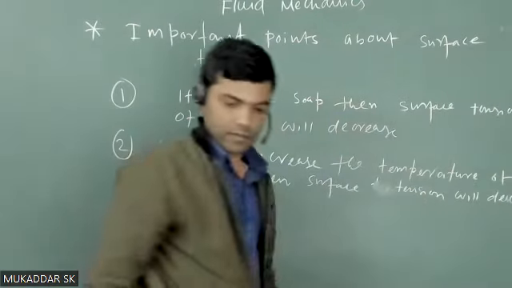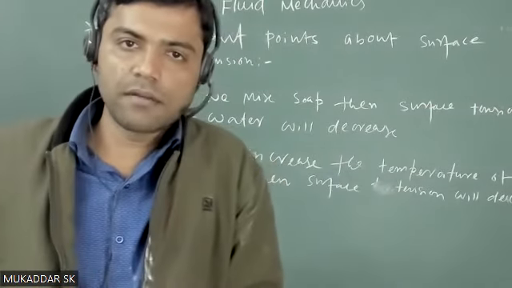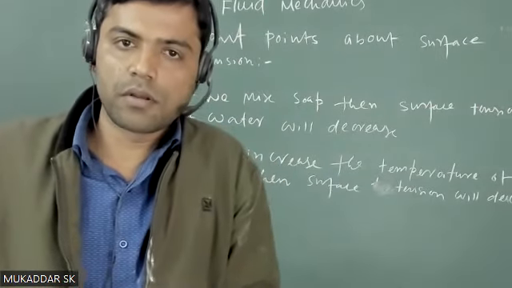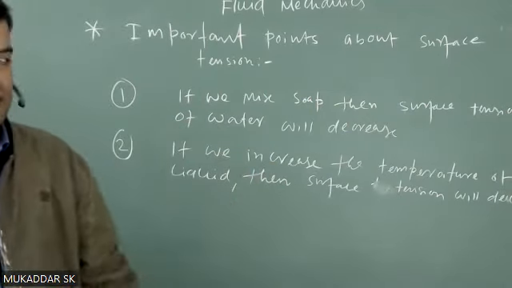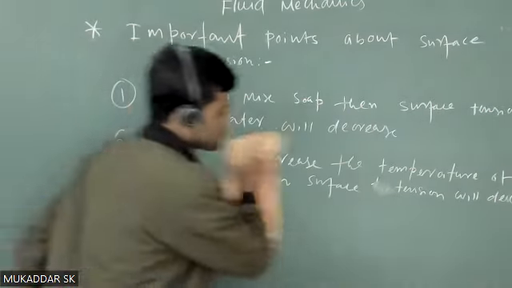So if we mix soap in water, surface tension will decrease, and that's why we use soap to clean our clothes. And second, if you increase the temperature, there will also be a decrease in surface tension of the liquid. So these are important points about surface tension.